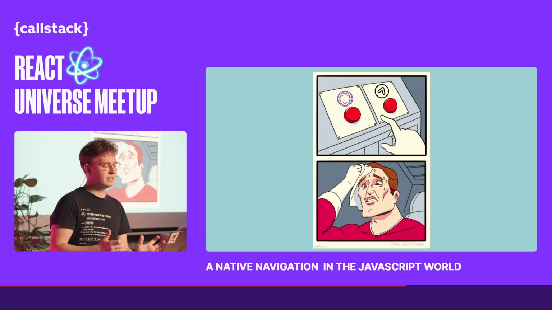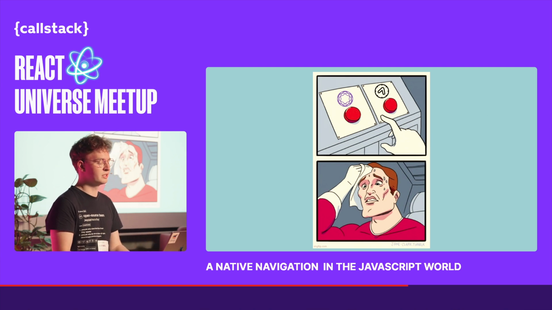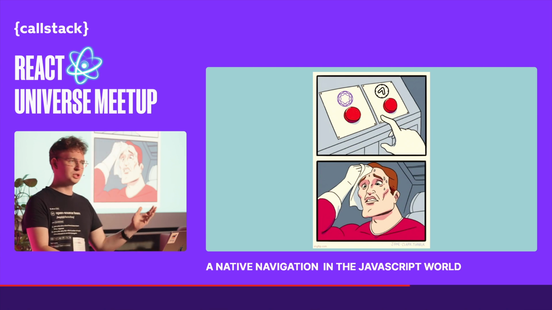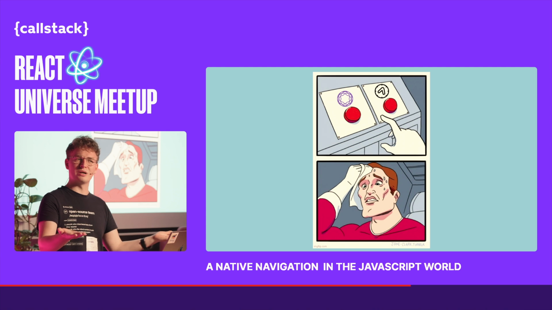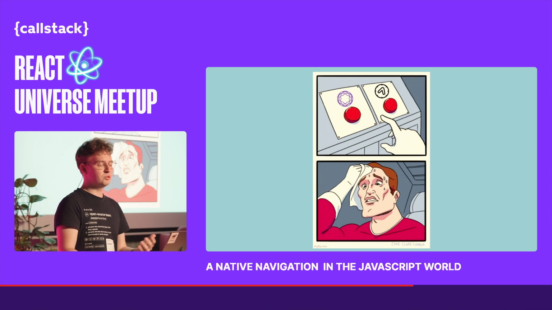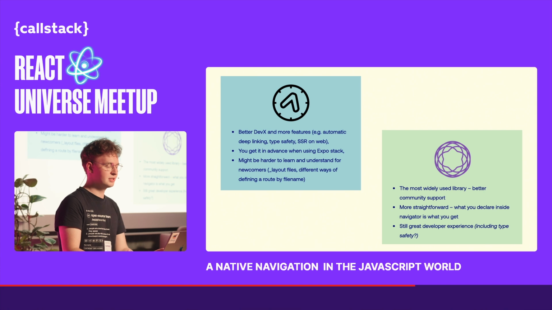But seeing as I'm now narrating and highlighting the positive aspects of Expo Router, you might be wondering, what should I choose then? Should I choose React Navigation over Expo Router? Or should I prefer Expo Router and migrate my whole application if I'm using React Navigation right now? Let's compare both libraries.